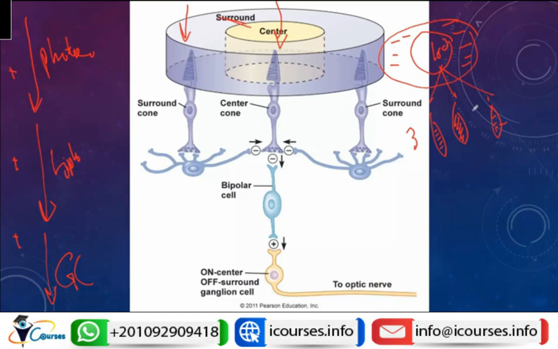This makes the image show clearer and sharper edges, as there will be a clear contrast between the center and the periphery. This is helped by the horizontal cells. They connect the bipolar cells together, so they modulate them, switching some bipolars on and some off, so that they improve the contrast of the image.